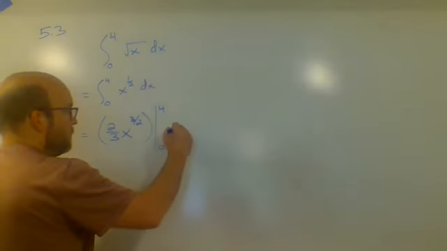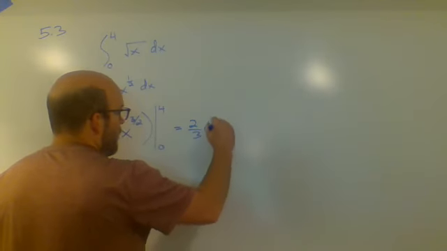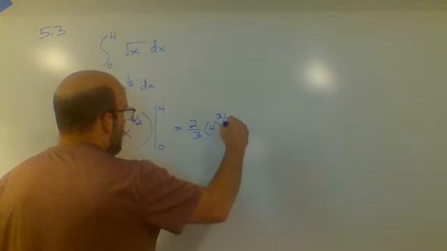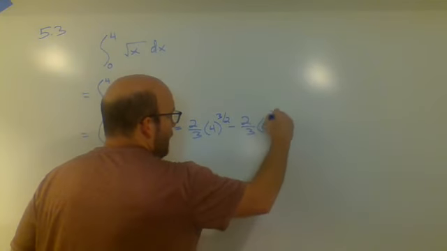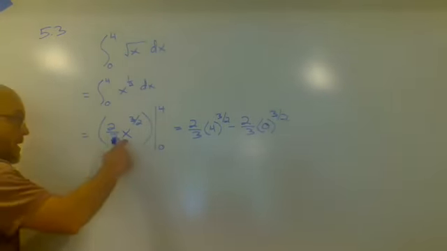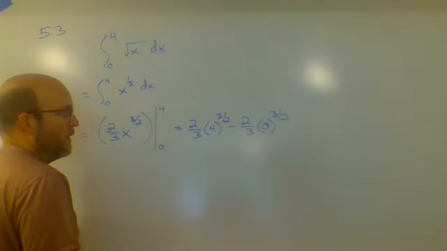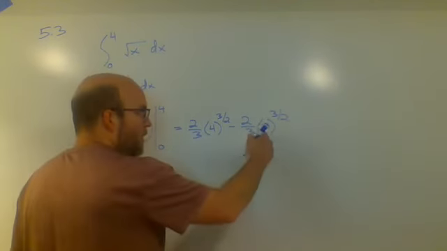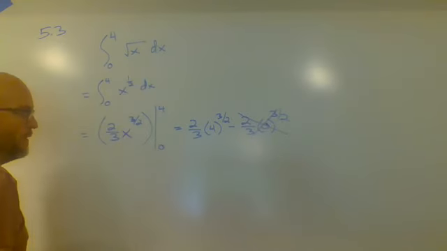Here we're going to have 2/3 times 4 raised to the 3/2 power minus 2/3 times 0 raised to the 3/2 power. Not nearly as much to write, but again, the same expression: evaluate at 4, evaluate at 0, and subtract. Just like before, 0 raised to any power is 0, 2/3 times 0 is still 0, so that just disappears.